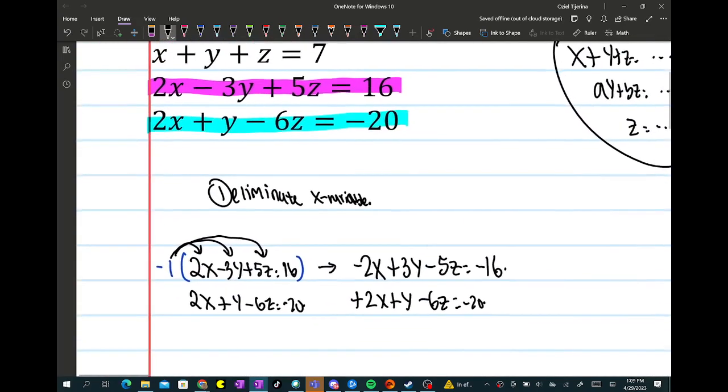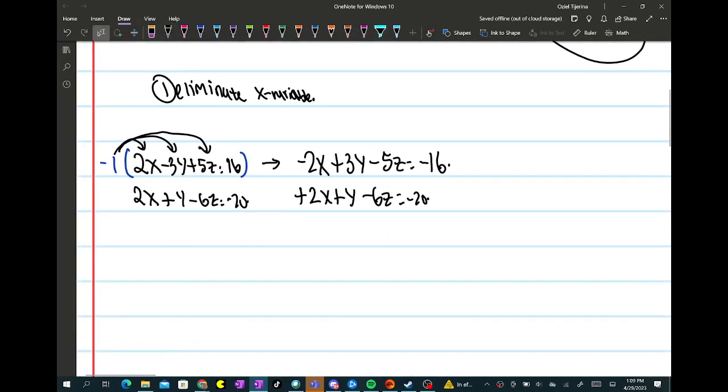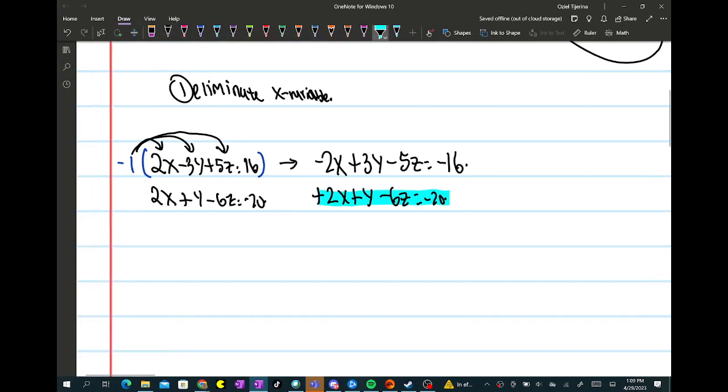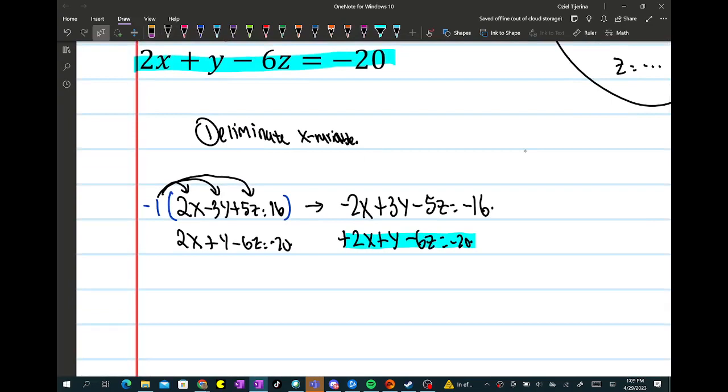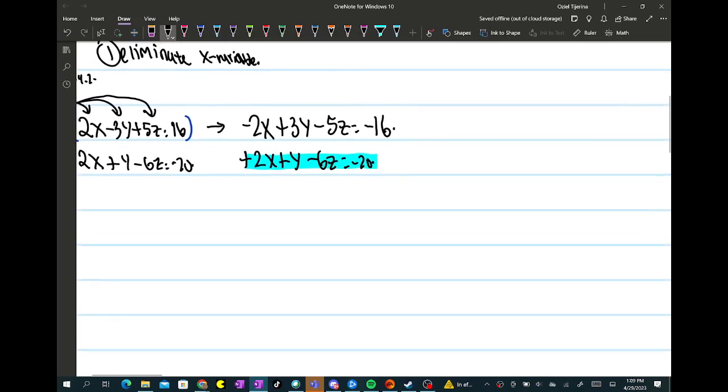So again, the third equation is my original equation, and this is considered new equation 2 because I'm trying to eliminate my x variable. When I do these two things, my x variable eliminates, and I end up with 4y, since 3y plus y is 4y, minus 11z equals negative 36.